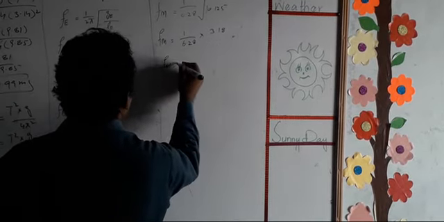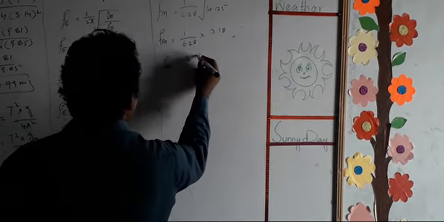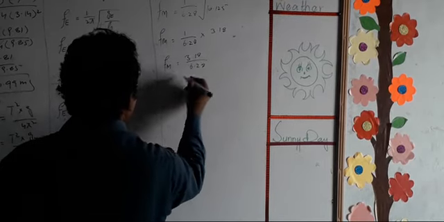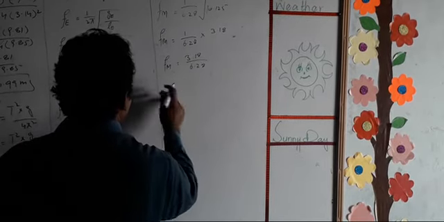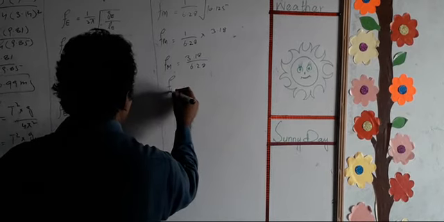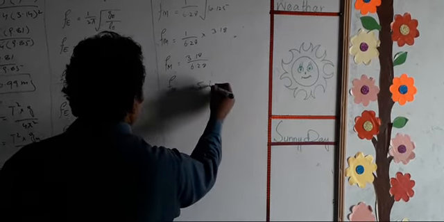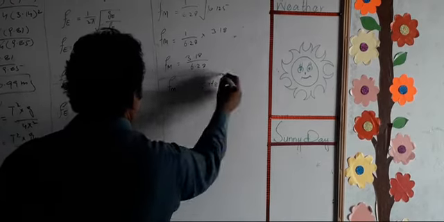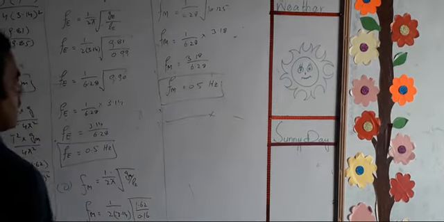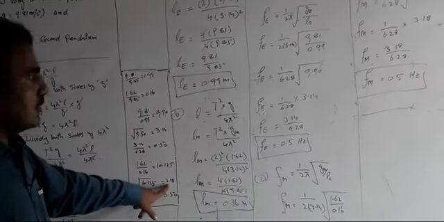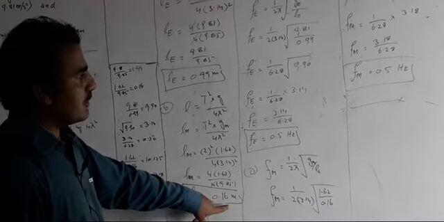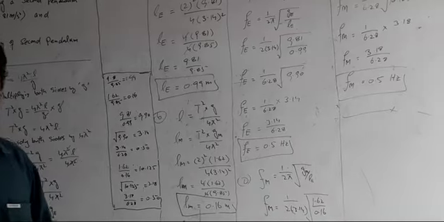Multiplying this value with 1, so 3.18 divided by 6.28. Now dividing these two values, the answer becomes 0.5 Hertz. So this is the frequency of the second pendulum on the surface of the moon with a length of 0.16 meter, and that's all for today. Thanks.